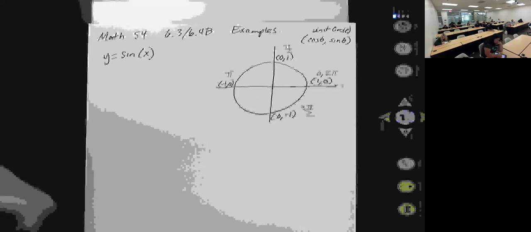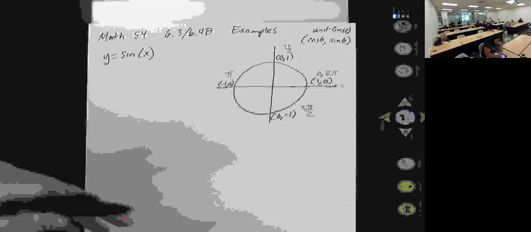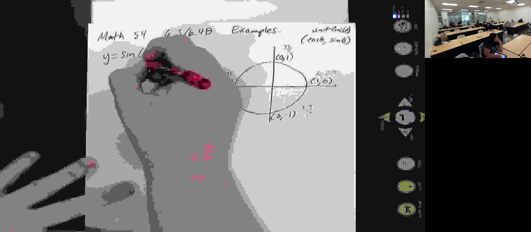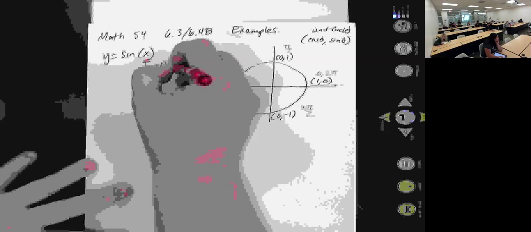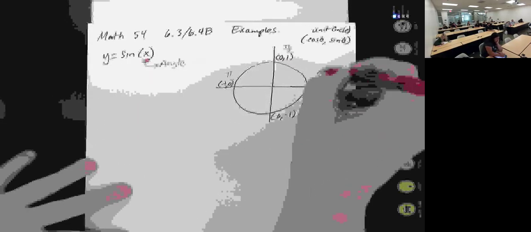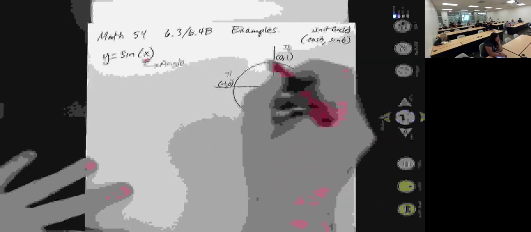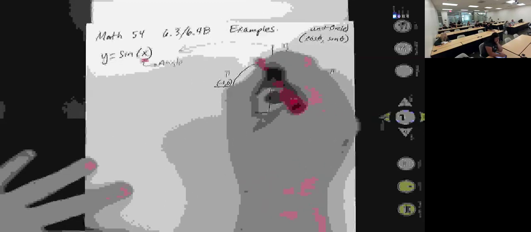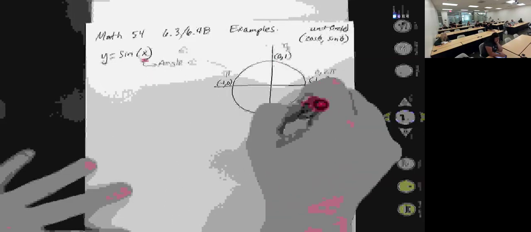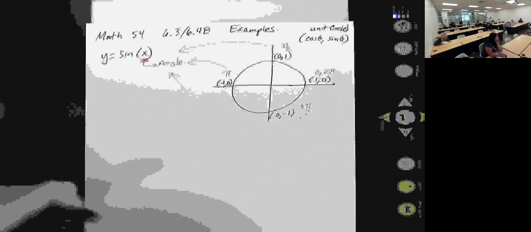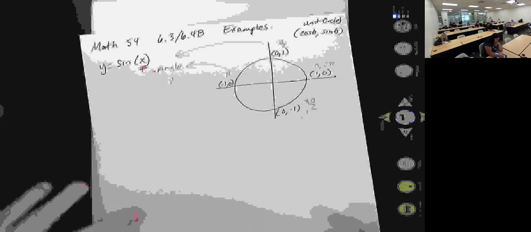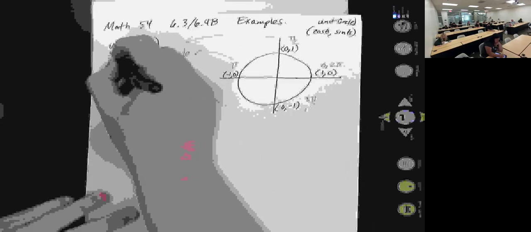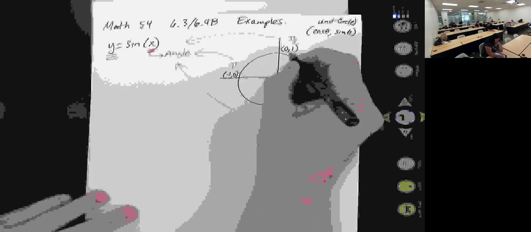So from the unit circle, when we use y equals sine x, x is in the spot of our angle. So that's where our red values are going in. And y is pulling the y coordinate.